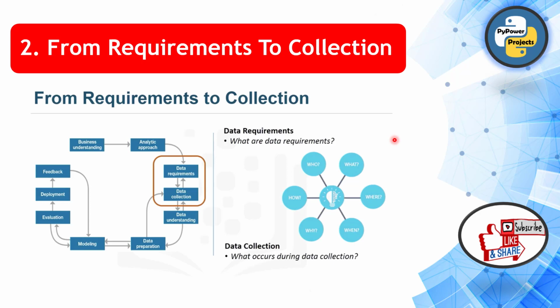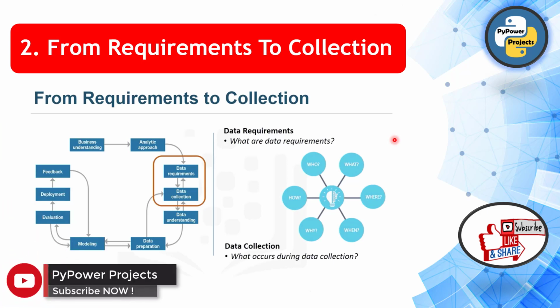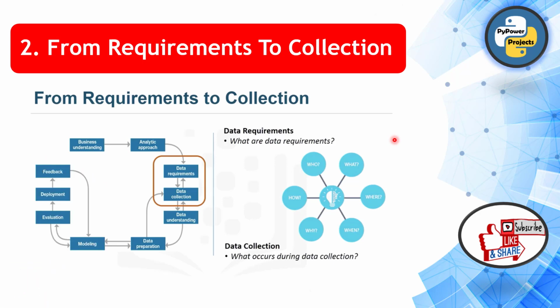I need requirements about their weight, their medical problems, their history, and many more. But I won't be more concerned about their salary, or their state or country, right? I would be more focused on their weight, their height, their medical history, their age, and many more. So this is how we design the data requirements.